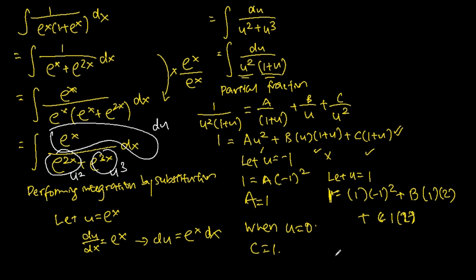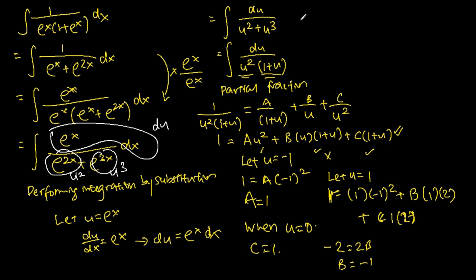If you rearrange this, we will get negative 2 is equal to 2B, and B is equal to negative 1. So in other words, 1 over u squared bracket 1 plus u is equal to 1 over 1 plus u minus 1 over u plus 1 over u squared.